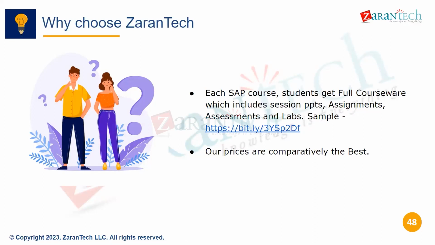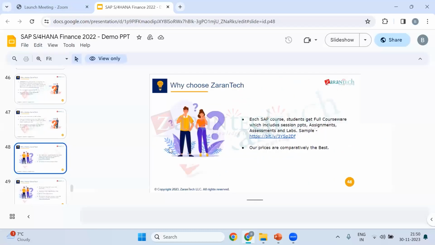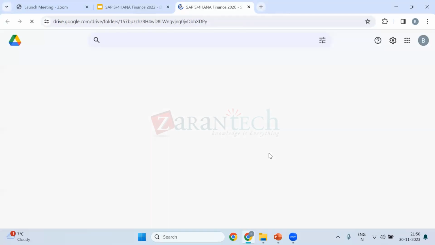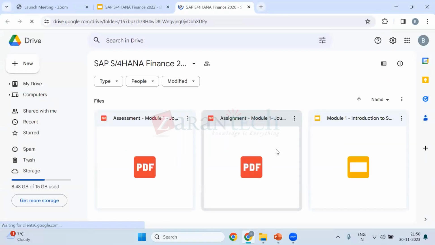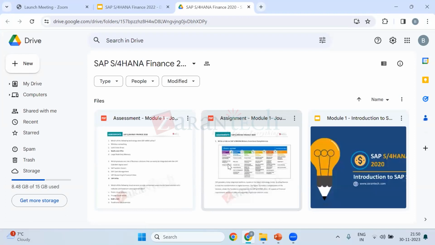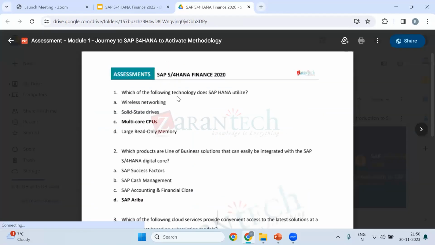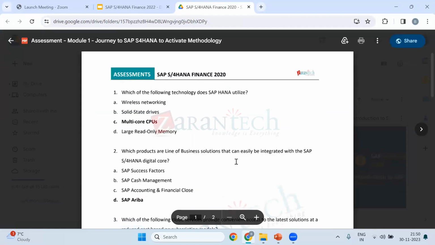Is it possible for you to share a sample assignment here on the screen, just to see what kind of assignments these are? Assignments contain quizzes, or the configuration I have explained in the system, and I will tell you to practice those things. Here is this assignment. These are the questions.